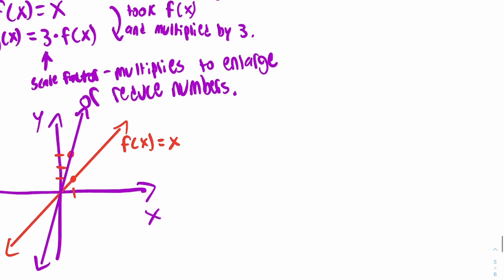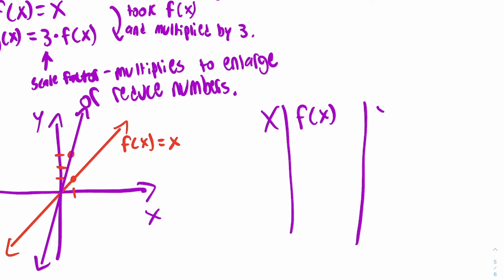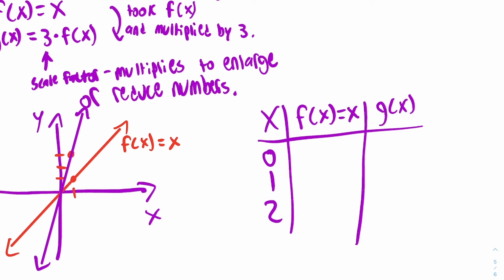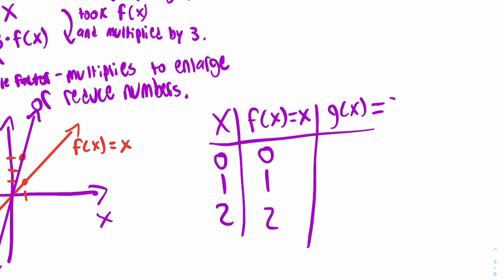Let's look at that in table form. We have x's, we have f of x, and we're going to have g of x. We plug in our same normal x's: 0, 1, 2. F of x is going to be equal to x, so whatever you picked for x, that's what f of x will be too. G of x is equal to 3 times f of x.